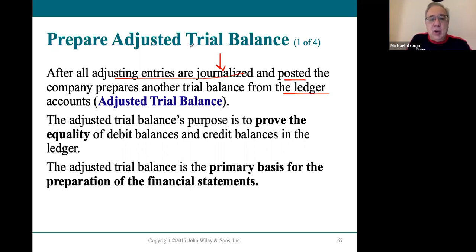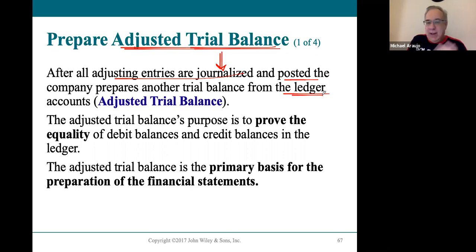So in essence, all we're doing is a trial balance after the adjustments. The adjusted trial balance is really just a trial balance after doing those adjustments. And like I said, I just named all of the accounts that go through the adjustment process. All of those accounts are going to have different balances because we adjusted them, and anything we put in the journal is going to be posted into the ledger.